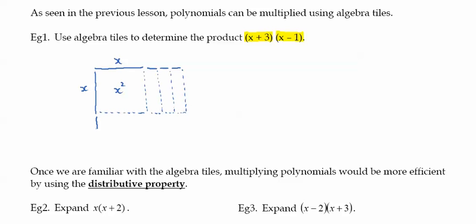Knowing how we start with the square tiles at the beginning with x on this side, and the length here is 1, the area for each of these rectangular tiles would then be 1 times x. These are all positive tiles. So I'm going to shade it.